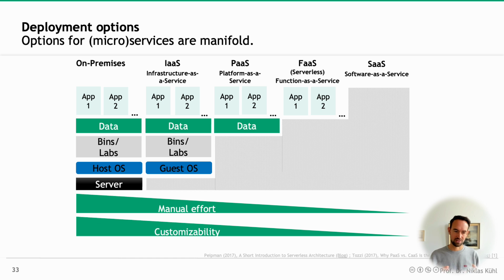Having 100 servers that you manage yourself in your server farm requires a lot of effort and your own technician probably. But also the customizability is very, very high, right? If things go wrong, you can simply unplug it and everything is, for the moment at least, not functioning anymore, and you can take your time to fix it. This is a traditional way there, right? That's how traditionally services were hosted.